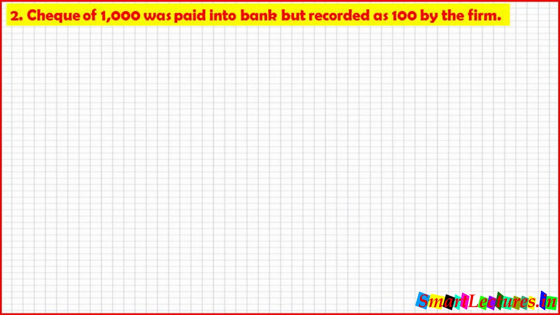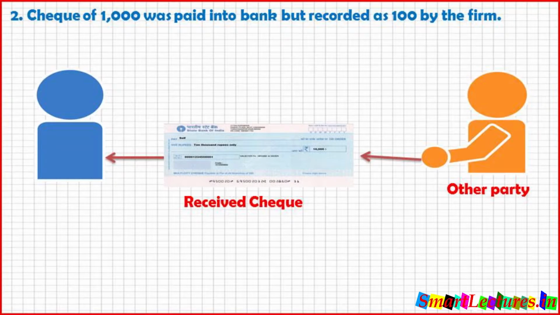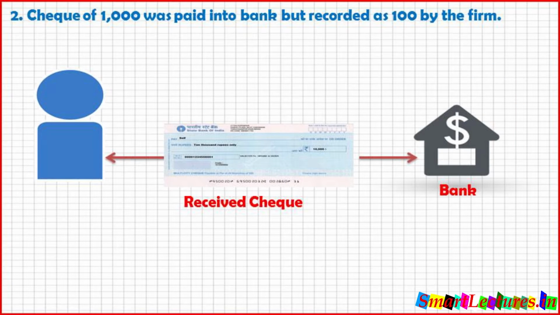Then check of 1,000 was paid into bank but recorded as 100 by the firm. Means we received a check from some party, maybe from some customer of 1,000, and immediately this check was sent to the bank for collection, but the accountant entered it as 100.